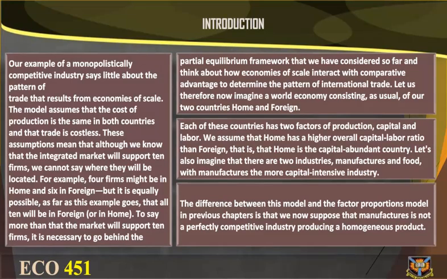Introduction. Our example of a monopolistically competitive industry says little about the pattern of trade that results from economies of scale. The model assumes that the cost of production is the same in both countries and that trade is costless.